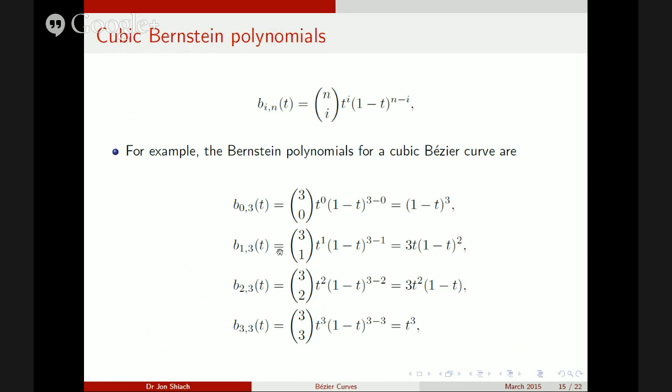When i is 1, we have 3 choose 1, which is 3, t to the power 1, multiplied by 1 minus t to the power 2. And we can calculate the others in a similar way. So these are our Bernstein polynomials. Quite easy to calculate. They're just something times t times 1 minus t to some power.